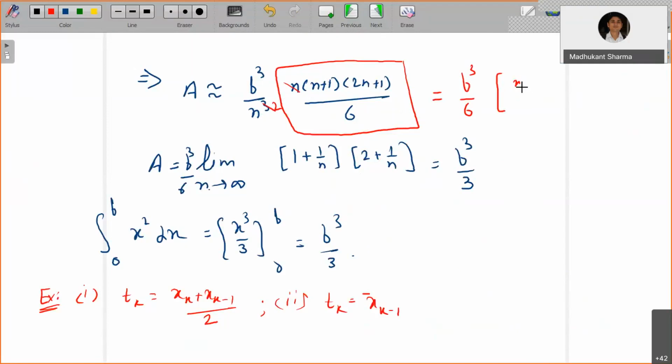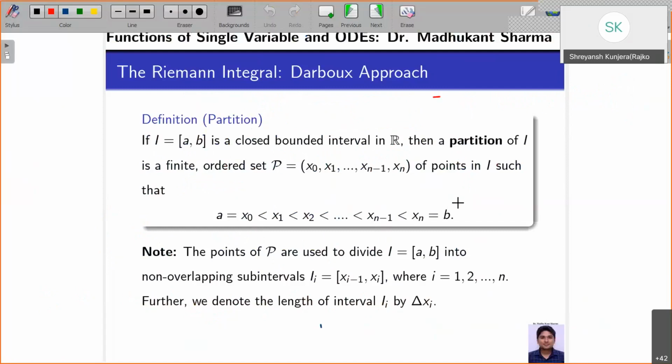So n plus 1 by n into 2n plus 1 by n. Okay. So that will lead to 1 plus 1 by n and 2 plus 1 by n. Yes, sorry, sir. So fine. Sometimes when the pace is fast, we lose somewhere.